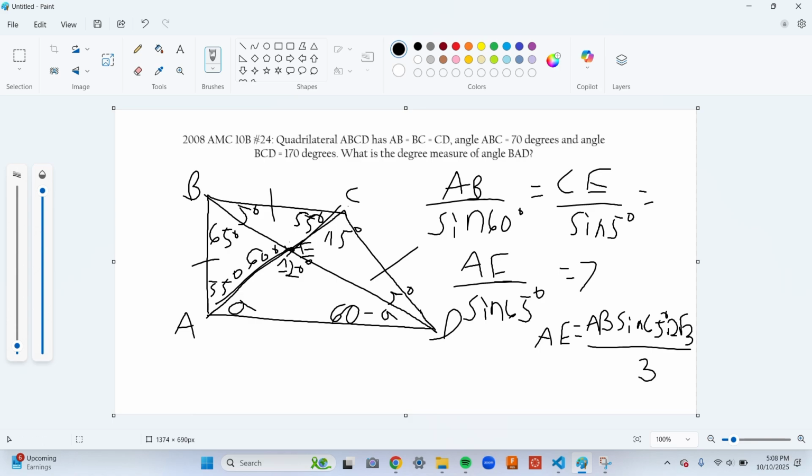And then we also have that CE is going to be equal to AB sine of 5 degrees times 2 root 3 over 3.